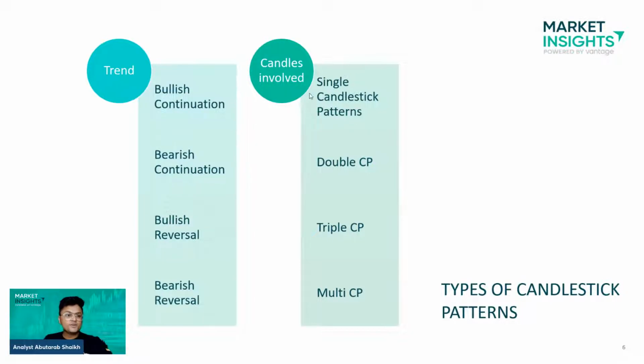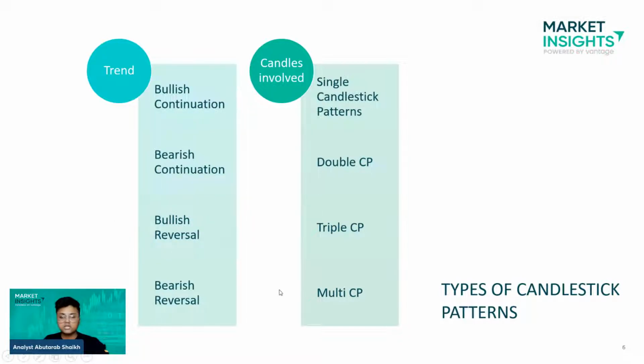So what we can do is categorize candlestick patterns based on what they are going to do with the trend. There is a bullish continuation, a bearish continuation, a bullish reversal and a bearish reversal. What do all these mean? We will see in the future.